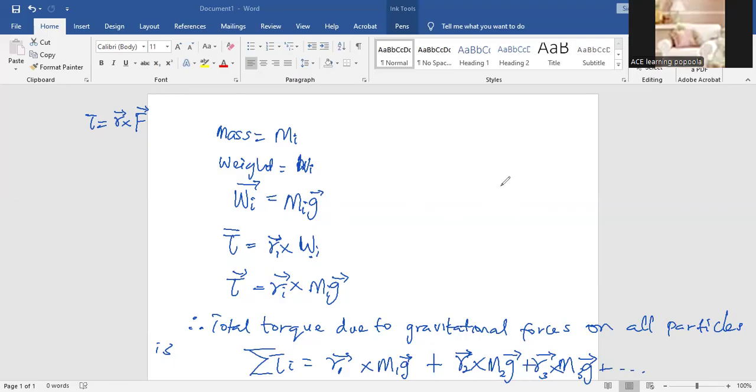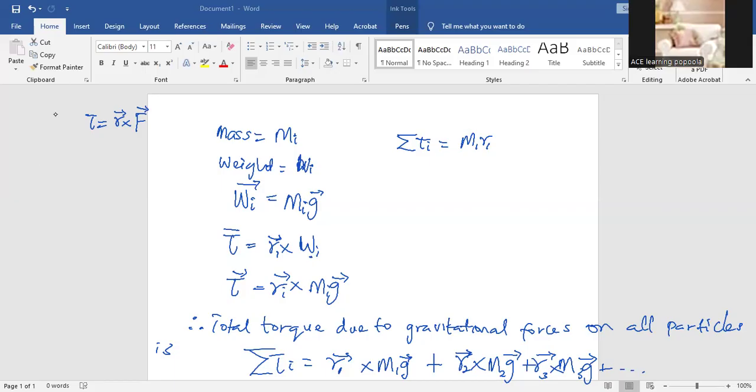Now continuing this way, let's do some little mathematical rearrangement. We're going to take m and r together, where you should be able to see where this is going. Oh, sorry, m is not a vector, it's a scalar quantity.